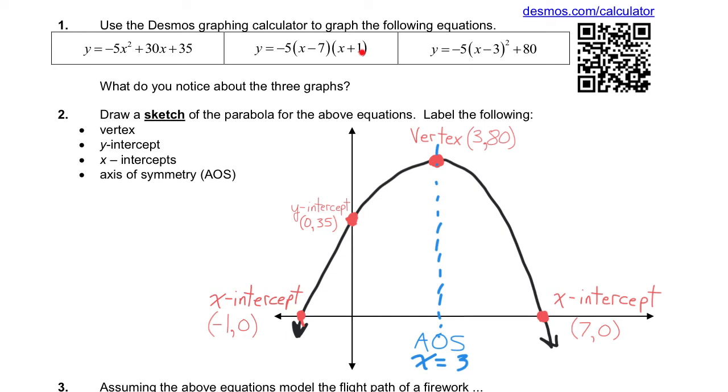Here it's x plus 1, but this is minus 1. And then here and here, we have x minus 3, here plus 3, and 80, 80. So this number, this number, this number, this number, and this number all appear in different spots in the coordinates of these important points on the parabola.